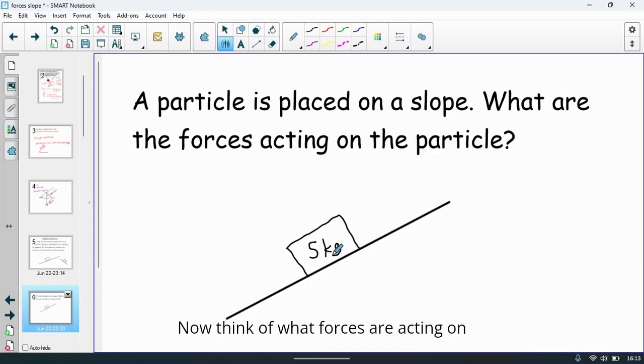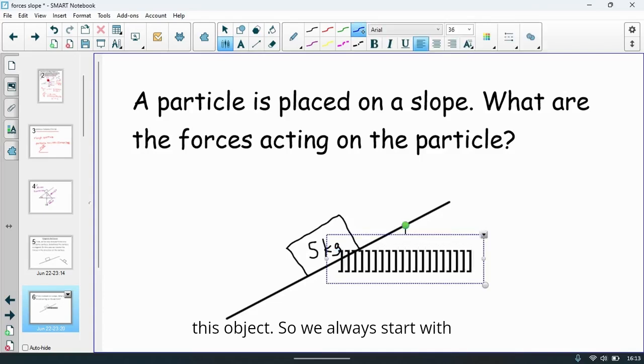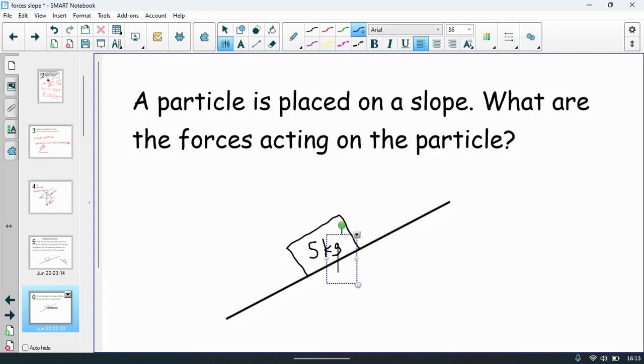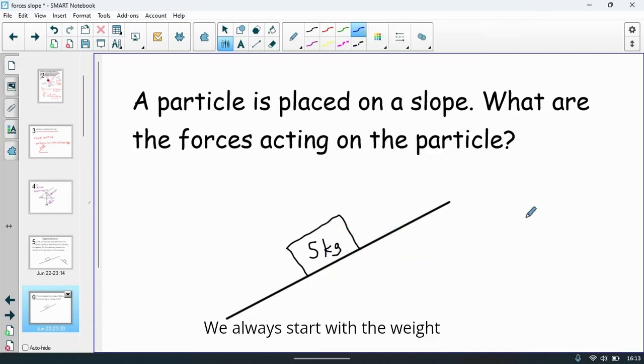Now think of what forces are acting on this object. We always start with the weight force. Now, weight is always acting downwards, so you will have a weight force which is vertically down.